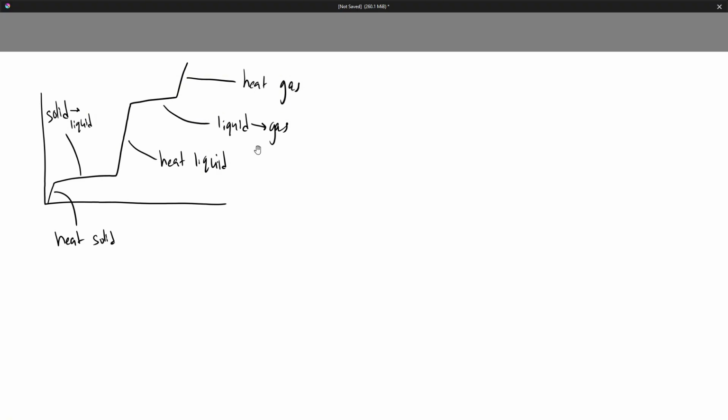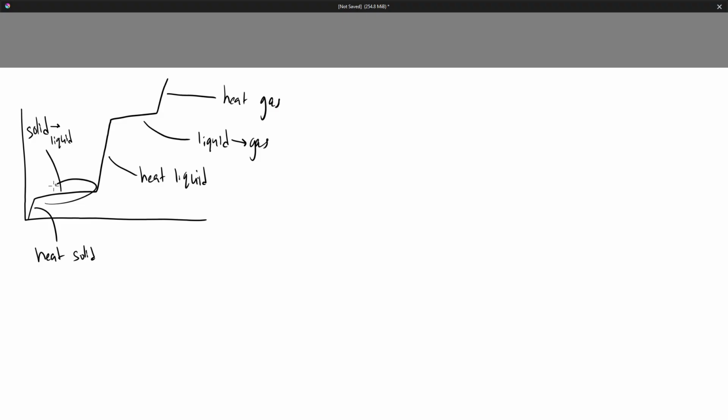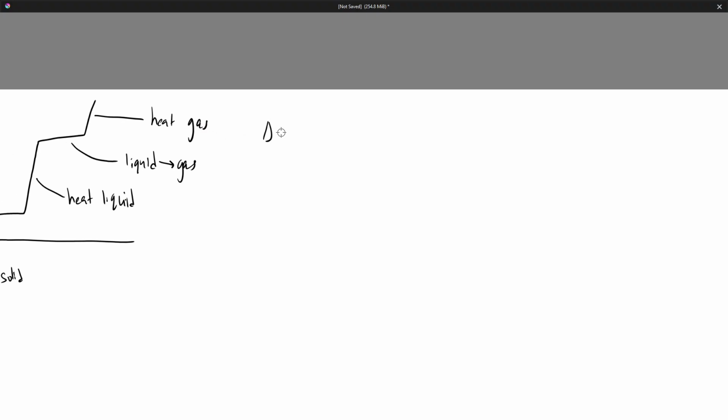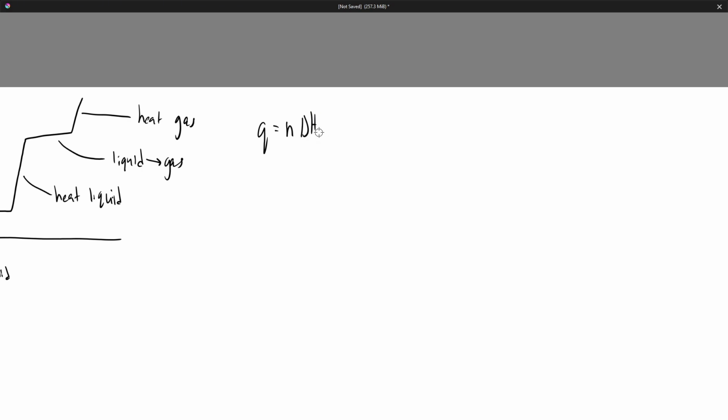So whenever you're in the phase change, like these plateaus right here, you want to use the equation Q equals the number of moles times the heat of either vaporization or fusion.